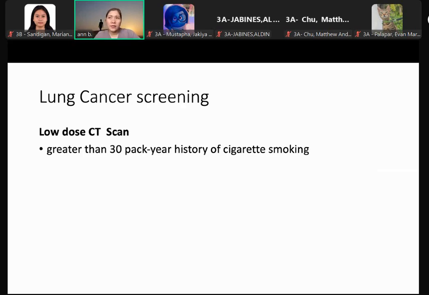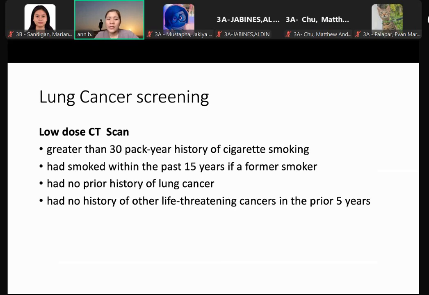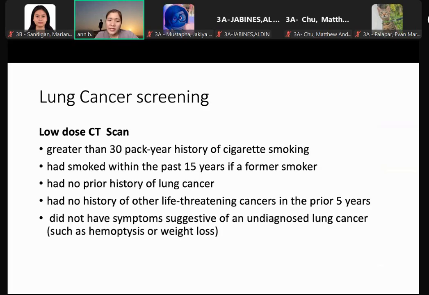So the indications: patients should have the low dose CT scan if the patient has a greater than 30-pack history of cigarette smoking, had smoked within the past 15 years, or a previous smoker within the past 15 years, had no prior history of lung cancer, but when you see a patient who has a nodule, you need to screen them, had no history of other life-threatening cancers in the prior 5 years.